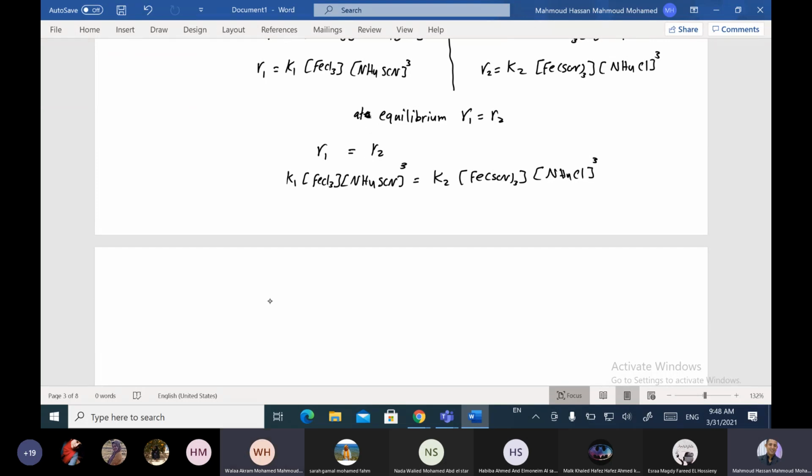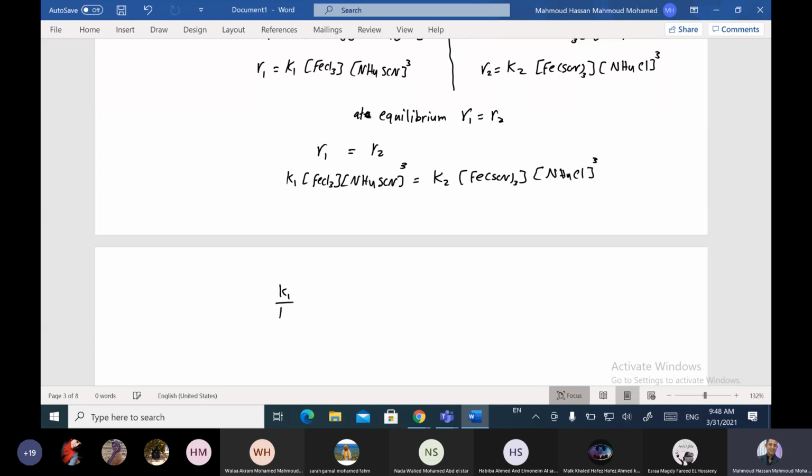Student: Sir, why is K different in the two cases? Because we find the rate for the forward and the rate for the backward, and we will collect them in one equation. Don't worry.